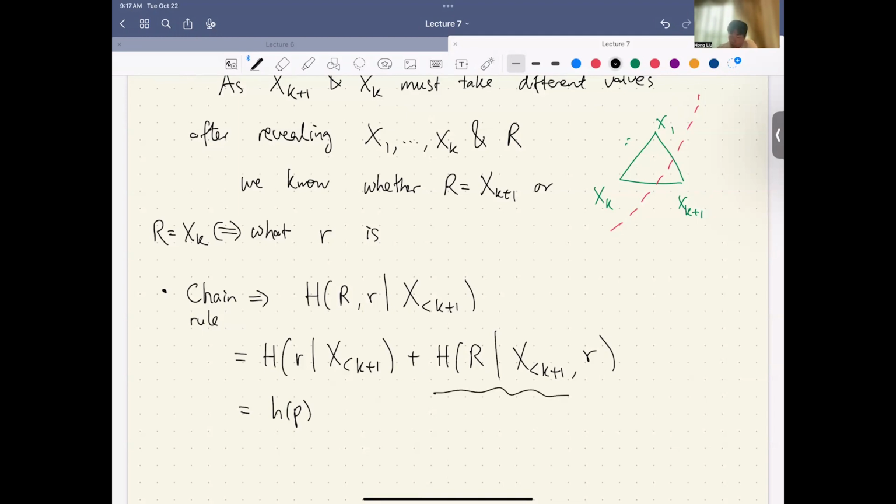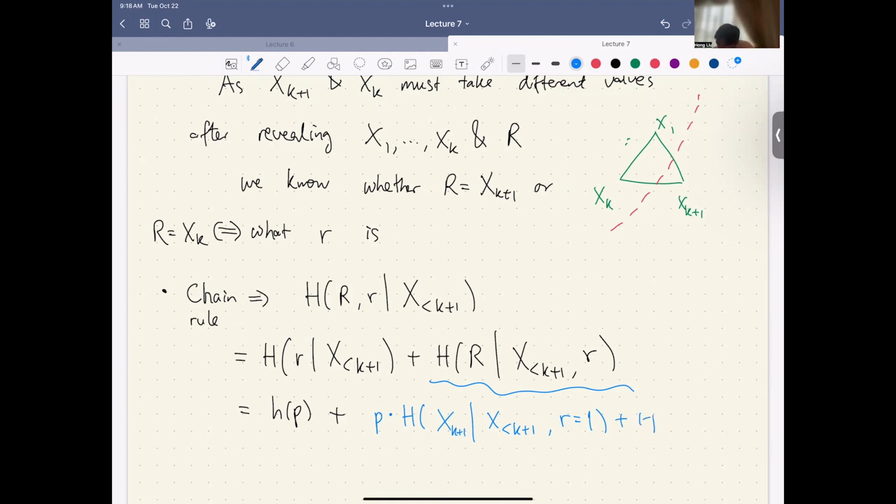And what's the second one here? Let's expand it using the definition of conditional entropy. So this equals, plus this term, given x1 to xk minus 1, let's keep this guy. If r equals 1, which happens with probability little p, then capital R we know is xk plus 1.